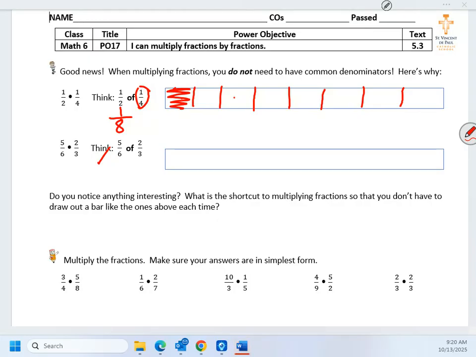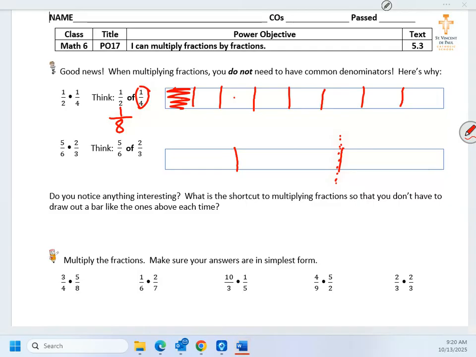Now let's think of 5/6 of 2/3. So we're going to break it into 2/3. So 2/3 would be this amount, right? 2 out of the 3. And we want 5/6 of it.